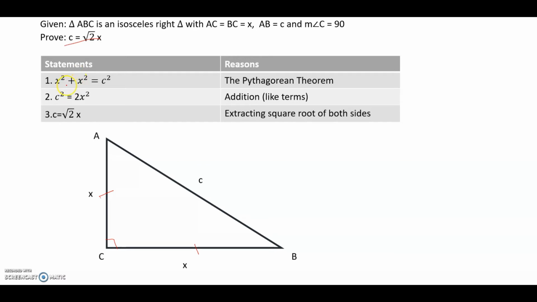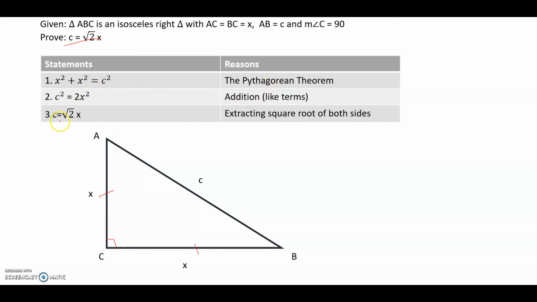So the first statement is you just replace A and B by x, so x squared plus x squared equals c squared, by the Pythagorean theorem. Number 2, c squared equals 2x squared, just adding these two, by addition.